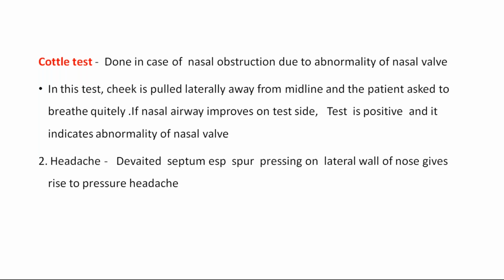This turbulence causes a drop in pressure at that area, and when the pressure drops, the ala comes and closes on the septum, thereby cutting off the air entry. So this is a dynamic obstruction where the lateral wall is collapsing onto the septum.